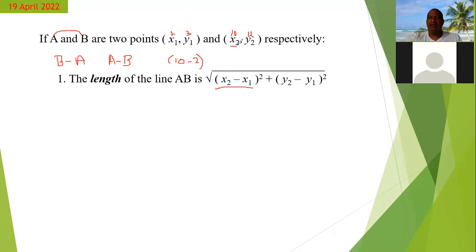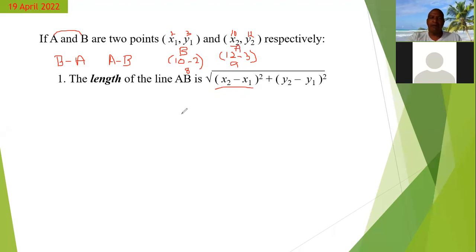Now for the Y coordinates, you would take away 3 from 12. So you'd start off with 12, and then you take away 3. Now, if you do this calculation, 2 from 10, you get 8 for this one. And 12 minus 3, you get 9 for this one, right? So if this was the point B and this is the point A, that's how it would work out.